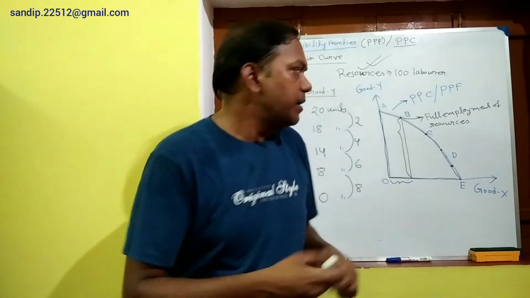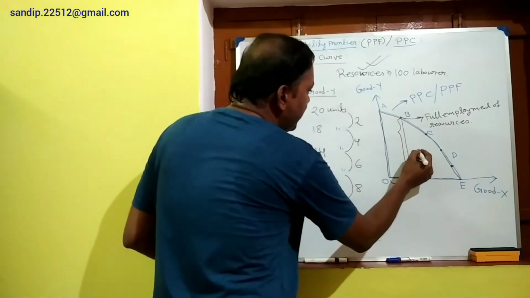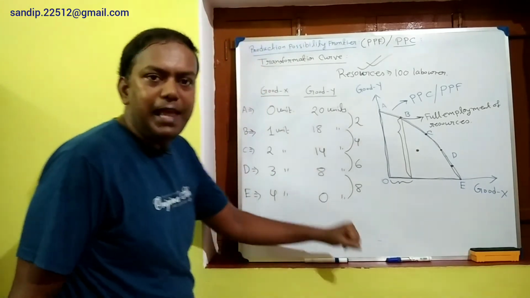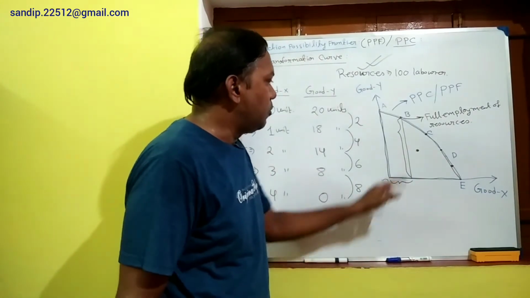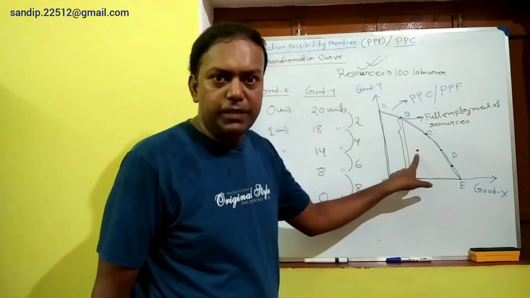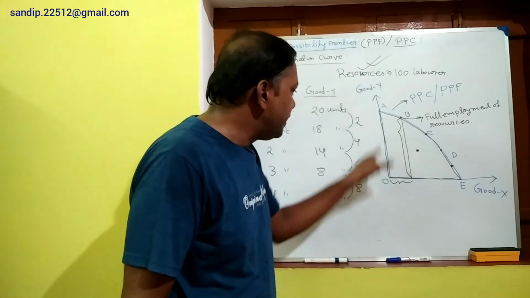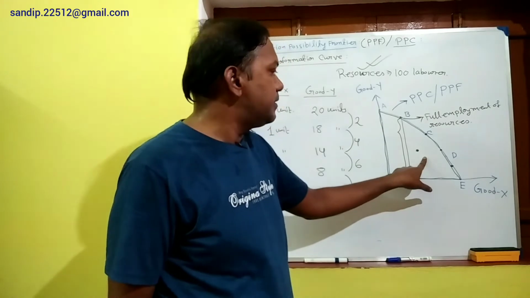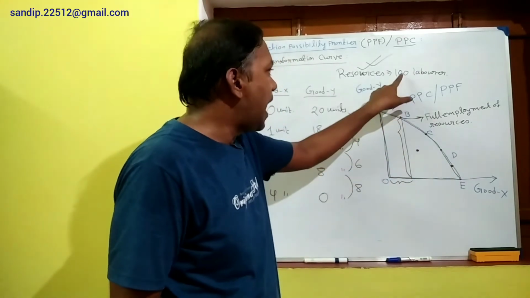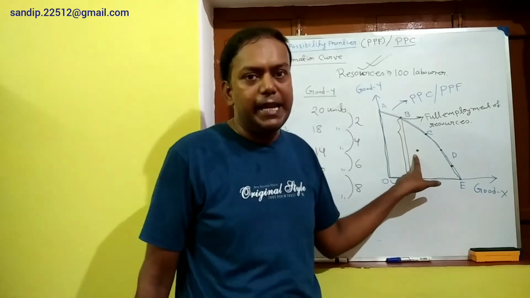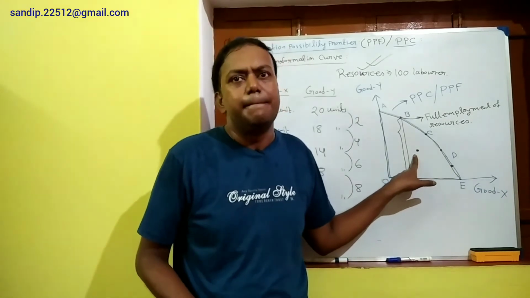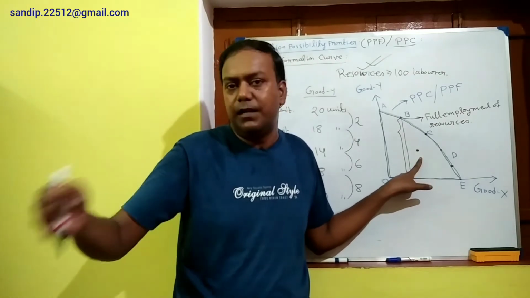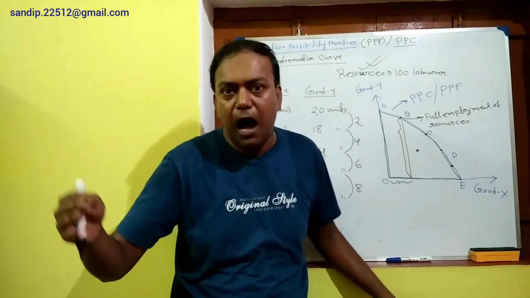Suppose the producer has to produce 800 units of the product, so it is within the capacity of the producer, but here the 100 laborers will not get utilized. Let's say 70 workers are employed, so the remaining 30 workers will remain unemployed.